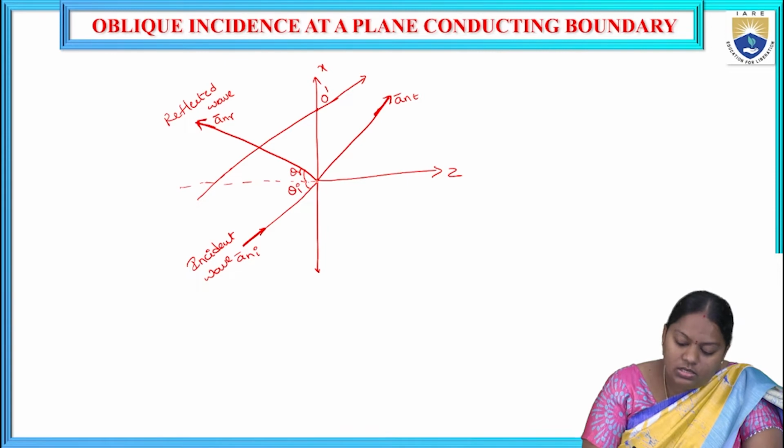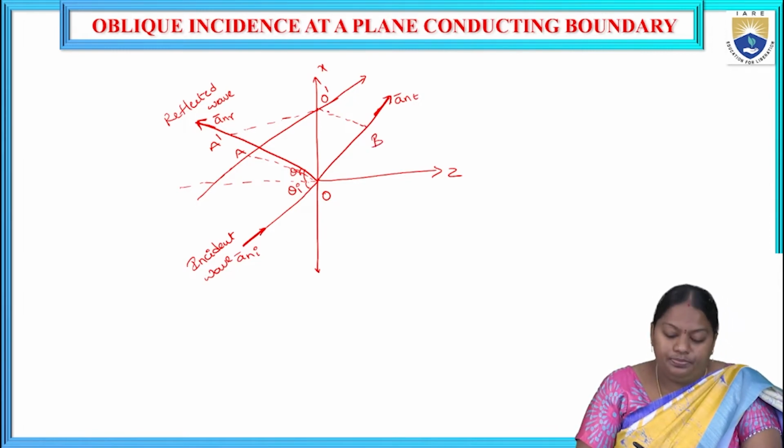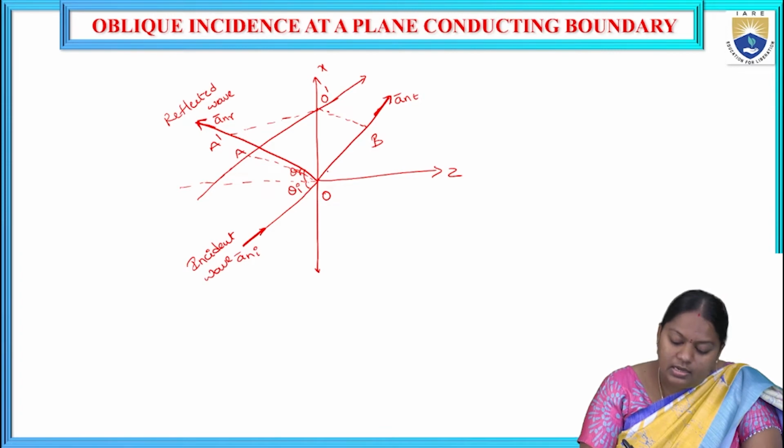This is O dash, let this be O, and there exists an intersection point from O to A, and another intersection point from O dash, represented with A dash, and from O dash we have considered another intersection point, let it be B. So this is theta I, theta R, and this one is theta T. If this is theta t, this angle is 90 minus theta t.